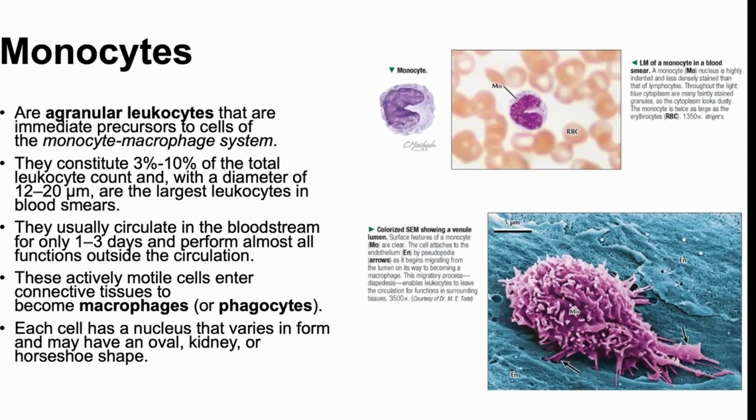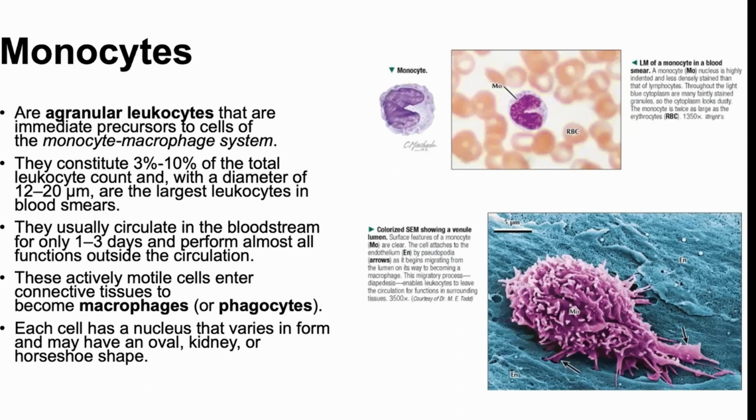In terms of the monocytes, they are agranular. Remember, we said that the monocytes and the lymphocytes are the two agranular cells. They are the immediate precursor to cells of the monocyte-macrophage system. They constitute 3 to 10% of the total leukocyte count, with a diameter of 12 to 20 micrometers. So you realize they are big; the rest of them were not this big. They're the largest leukocytes in the blood smear.